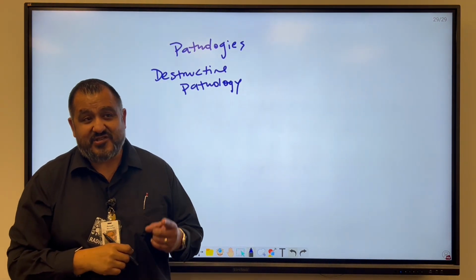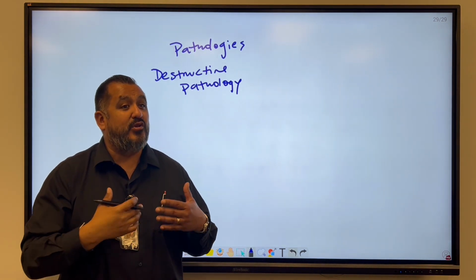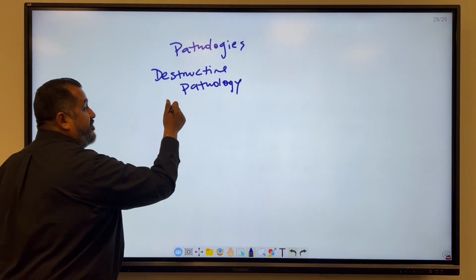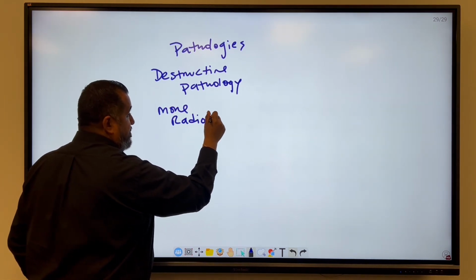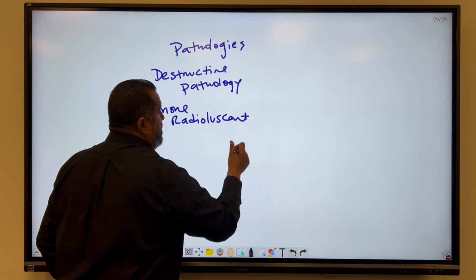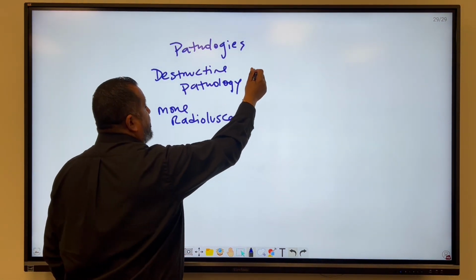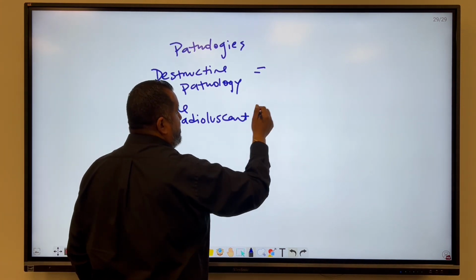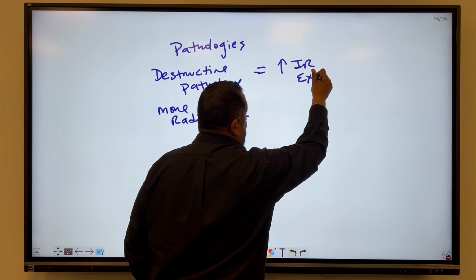They have a loss of tissue density, or they have more air. Now that becomes more radiolucent. So if we have an object that's more radiolucent, X-rays are going to go right through it more, correct? So destructive pathologies, more radiolucent pathology type diseases, you're going to have an increase of IR exposure.